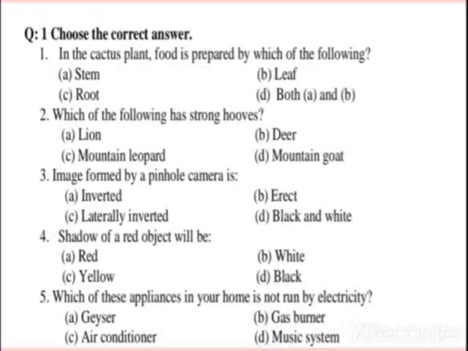Second, gas burner, it means the gas stove on which your mother cooks food. Third is air conditioner, always run by electricity. And a music system will also not run without electricity. So your correct option is gas burner. It means a gas burner in your home is not run by electricity.